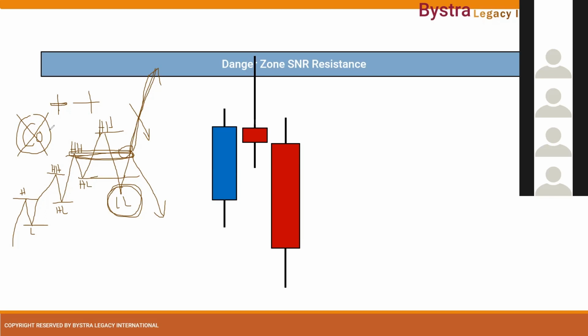Confirmation of rejection is partly correct, but what is the first thing it must do before it has the confirmation of rejection? The answer is here. It's in the slide here. Before confirmation of rejection happens, what does the price do?